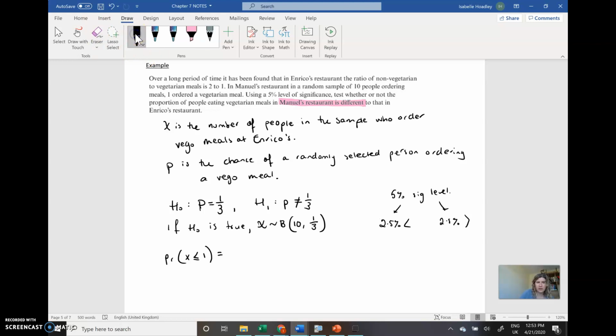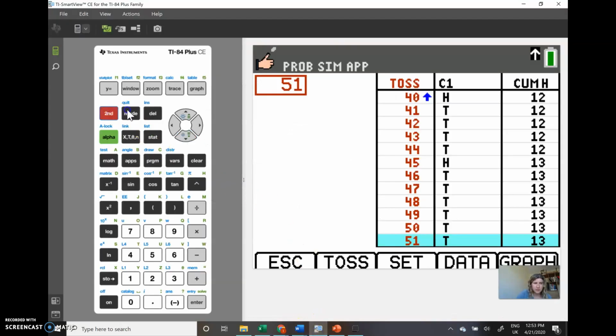So just for a bit of a recap, I'm going to write it like this. We know that this together is going to be the probability where x is equal to 0 plus the probability where x is equal to 1, or you can use the binomial CD on your calculator. I'm going to use my big calculator just because I like it better.